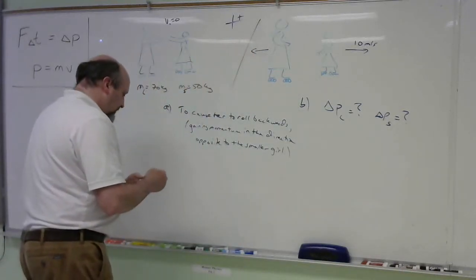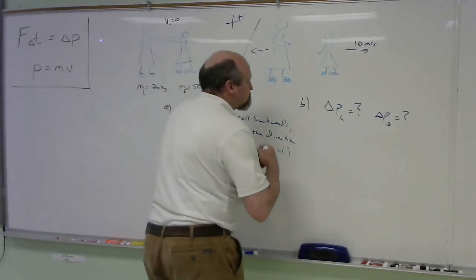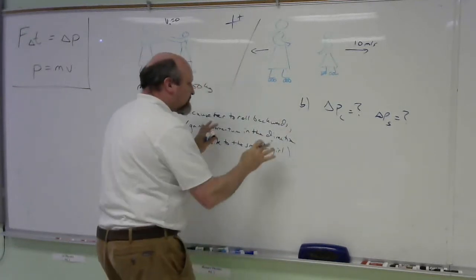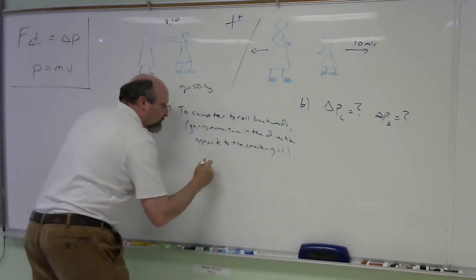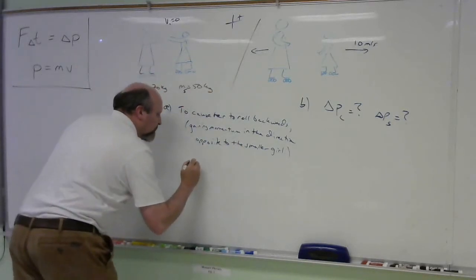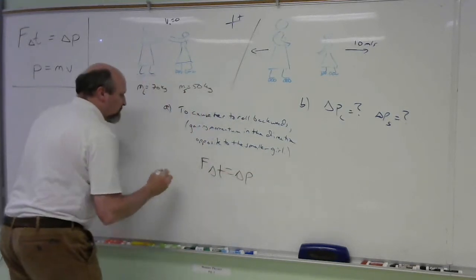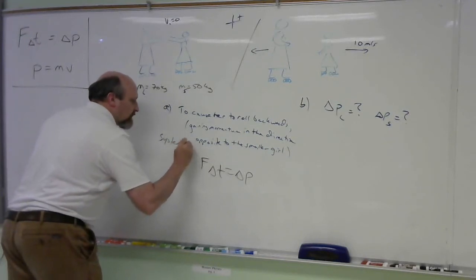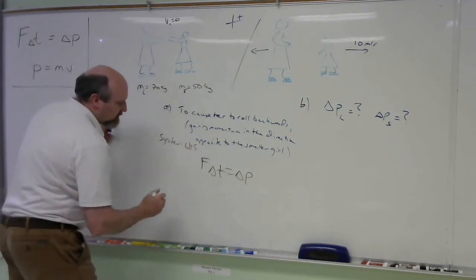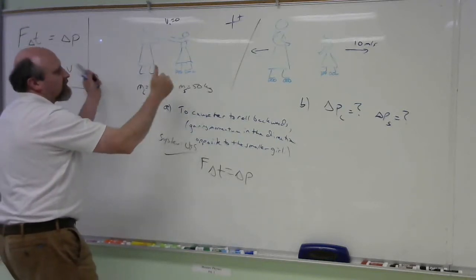In fact, what's going to happen here, if I look at the whole system, which is kind of the way I was thinking about it as I was figuring this out, a combined system, larger girl, smaller girl, if I do my F delta T is delta P for a system of the larger girl and the smaller girl, then I'm going to have no outside horizontal impulse.